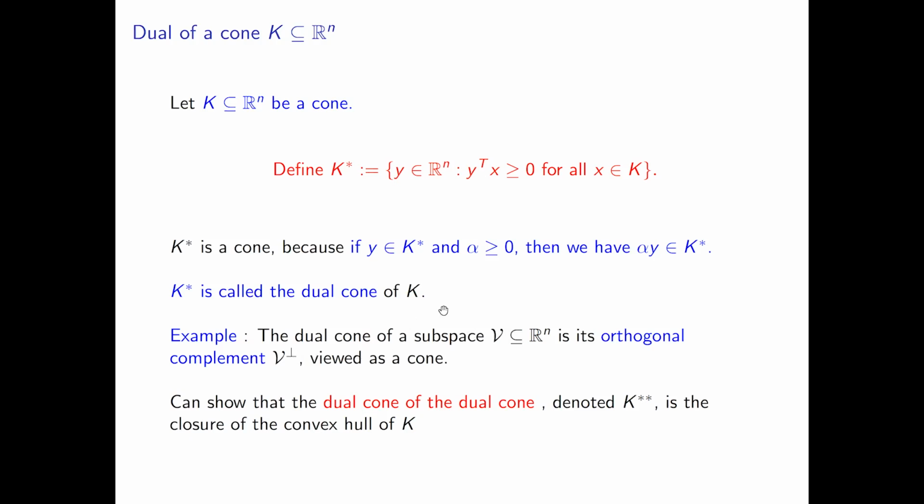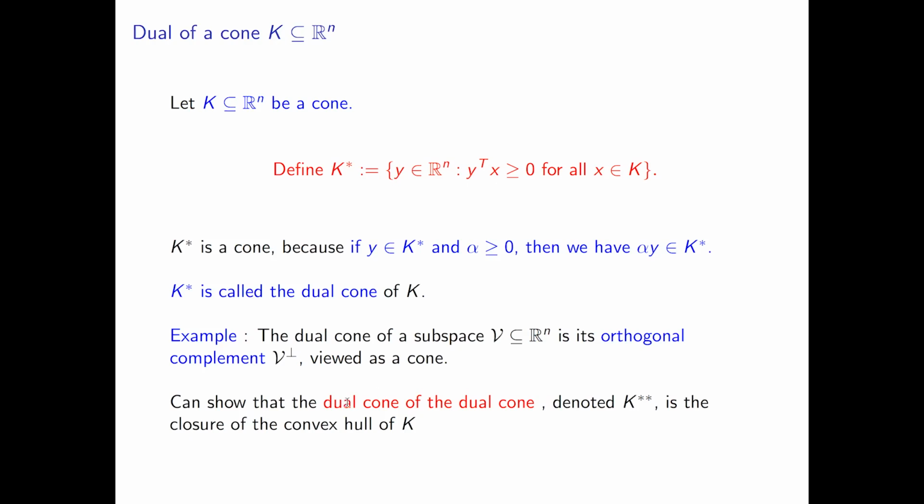Because it has to be non-negative, so it better be 0. Suppose you have a y which has a non-negative inner product with x, and it also needs to have a non-negative inner product with minus x, because you're trying to form the dual of a subspace, it better have 0 inner product. Right? So this is a baby case which might be slightly atypical, but this is an example of what it means to form a dual.